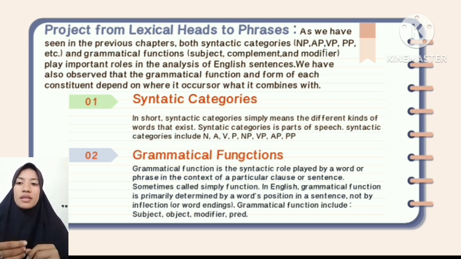In English, grammatical function is primarily determined by a word's position in a sentence, not by inflection or word endings. Grammatical functions include subject, object, modifier, and predicate.